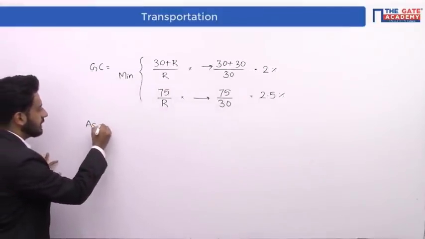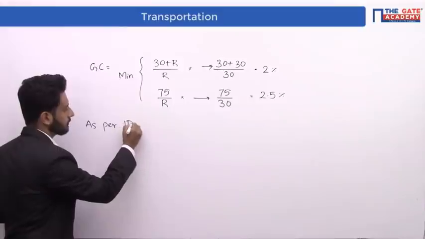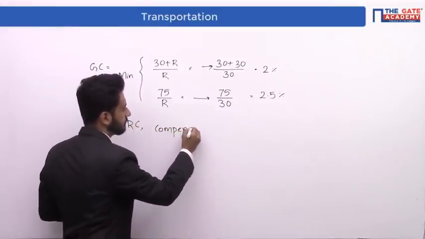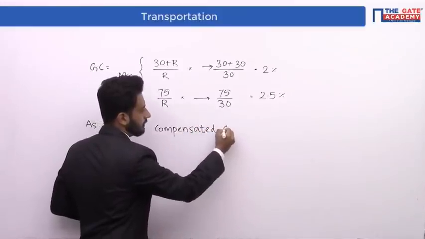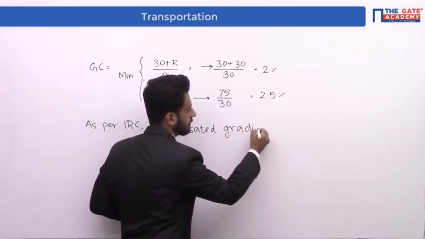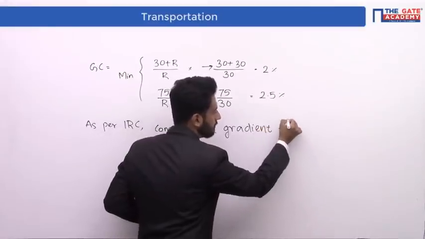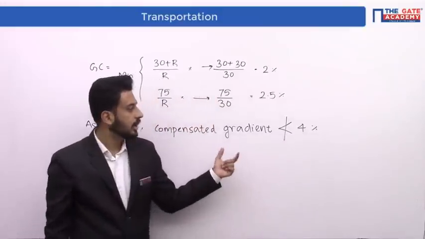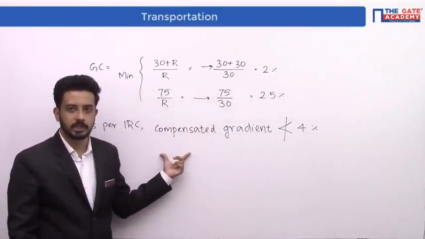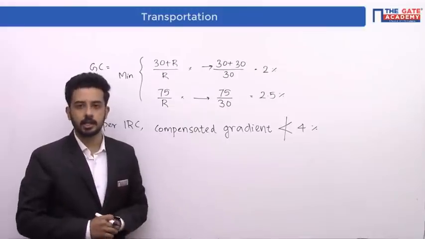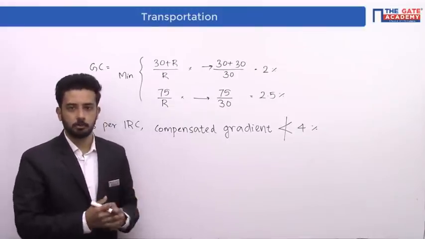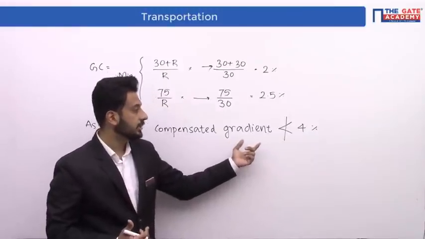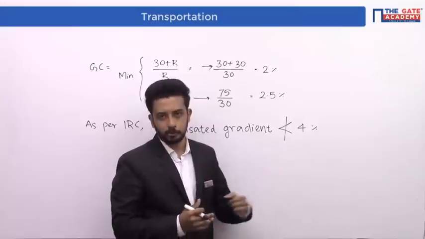As per IRC, we know the compensated gradient should not be less than 4%. Correct? After applying the grade compensation on the existing gradient, the resultant we are obtaining, which is called compensated gradient, should not be less than 4%.